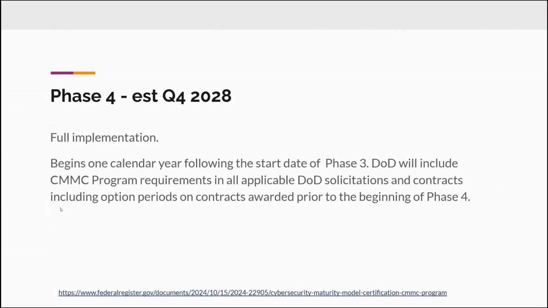No more staggering, no more delayed rollouts, no more blow off valves or extensions. Full implementation, everything, CMMC program requirements, all applicable DoD solicitations, contracts, including option periods awarded prior to the beginning of phase 4. So that's what we're looking at.